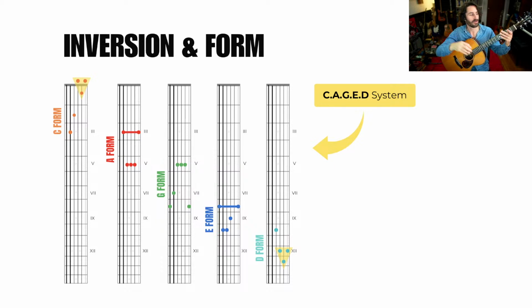If you are struggling with just the one way of playing a chord, the CAGE system is going to give you these other options. And that's going to liberate you from always having the same sounding F chord or G chord or whatever the chord is you're playing.